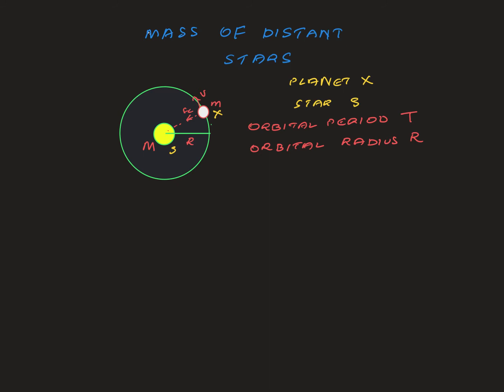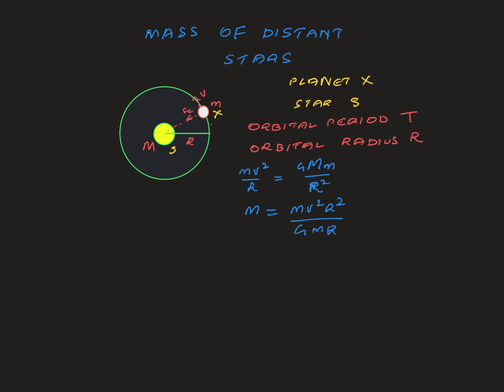So let's write those equations. m v squared over r is equal to G M m over R squared, where this is capital R. So M is equal to m v squared R squared divided by G m r.